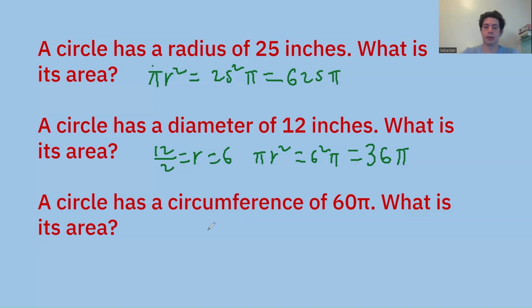And then the last one, a circle has a circumference of 60 pi. What is its area? We plug the circumference into the circumference formula, 2 pi r equals 60 pi. Then we divide by 2 pi on both sides.